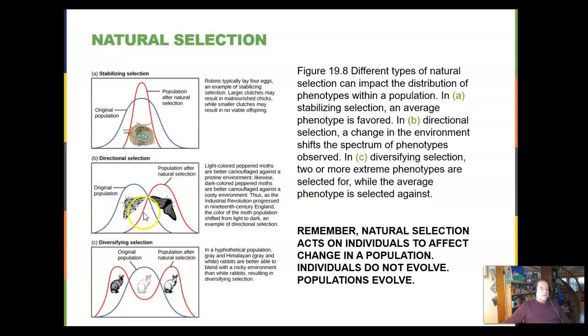But if the environment selects strongly for one extreme of a character, larger, faster, taller, darker, whatever it may be, the whole population over time adapts to a new environmental characteristic, which is darker backgrounds. And these are the famous melanistic moths of post-industrial England.